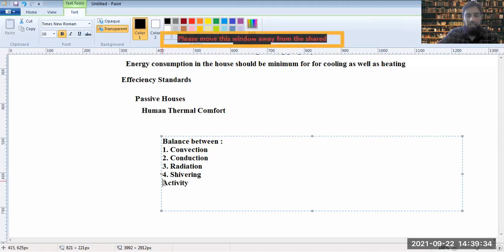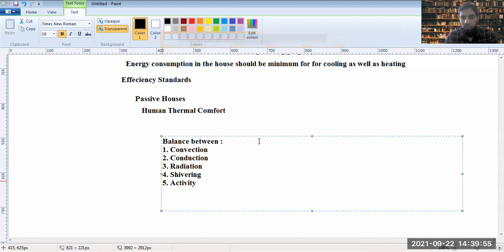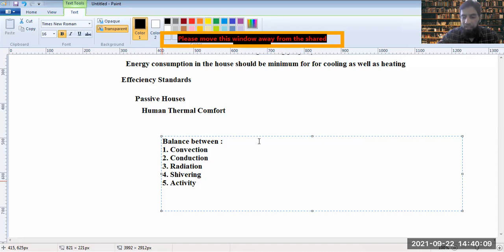So these are human comfort indexes. So कमरे में अगर there is a fan moving around, it's leading to convection within the house. Conduction is happening through surfaces within the house. Radiation is happening through the glasses, the window panes. And from these you're getting the human effects, the shivering effect due to cold breeze blowing, then the activity of the human effort.